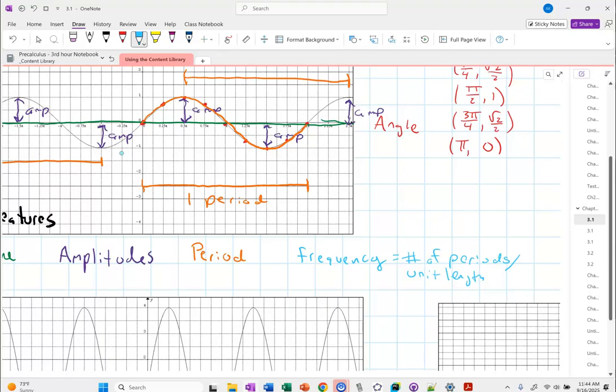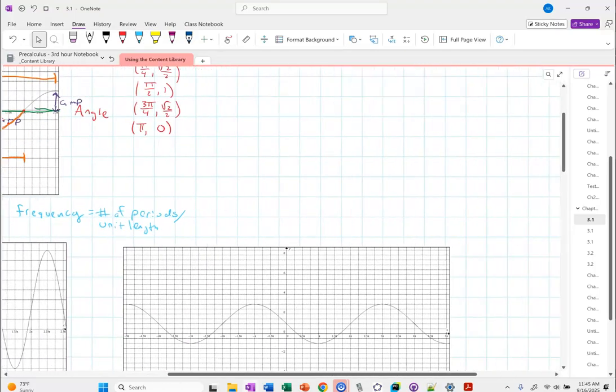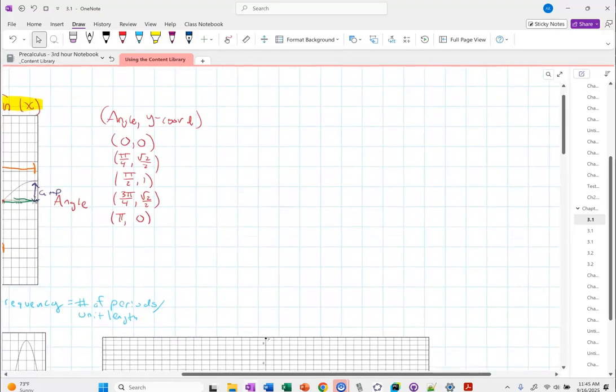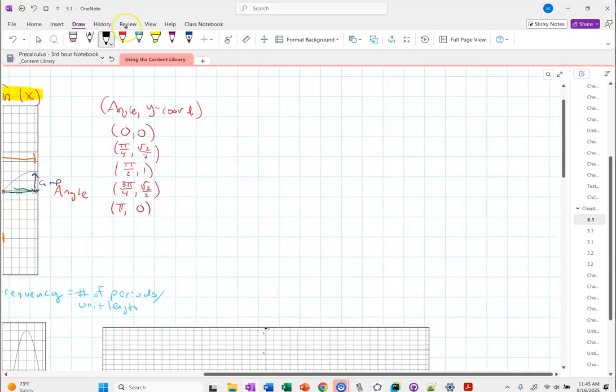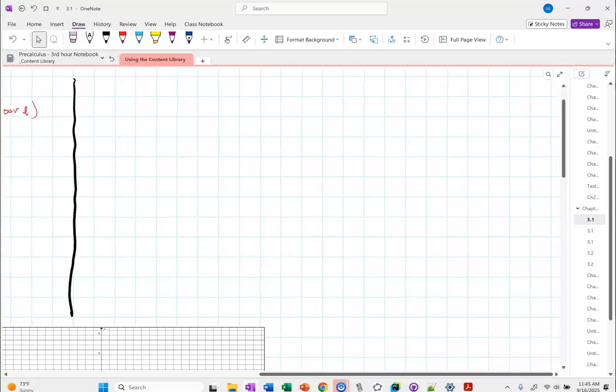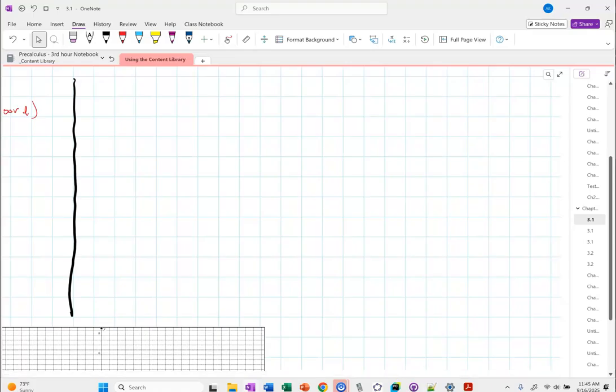Everybody's okay? Okay. So I'm going to scoot over here a little bit. Last year, when you talked about graphing functions, specifically maybe a quadratic, you talked about parent functions and resultant functions. Does that sound familiar? Yes or no?